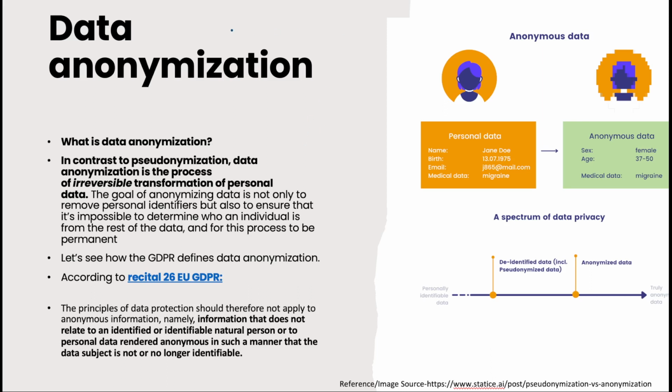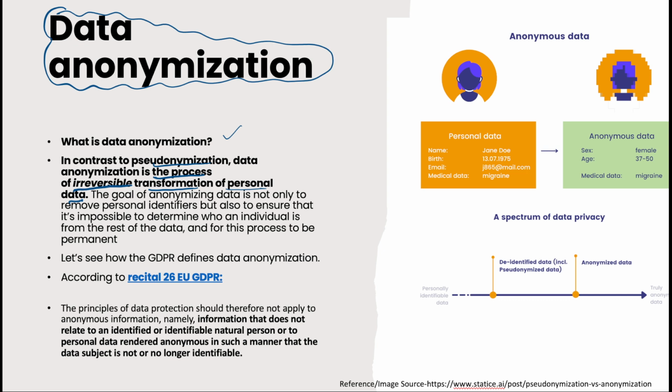Now let's understand what data anonymization is. This is also important to understand if we are meeting this control. In contrast to pseudonymization, data anonymization is the process of irreversible transformation of personal data.